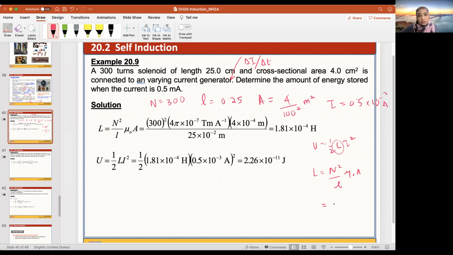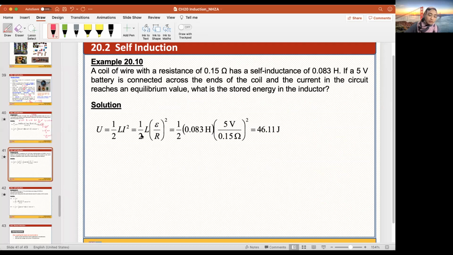So N is 300, l is 0.25, mu naught is 4 pi times 10 to the minus 7. Constants will be given and your area is 4 over 100 squared. So you will get an L of this value. Units is Henry. And then from your L, you substitute into your U. Ni easy je, tak payah. You don't have to think.